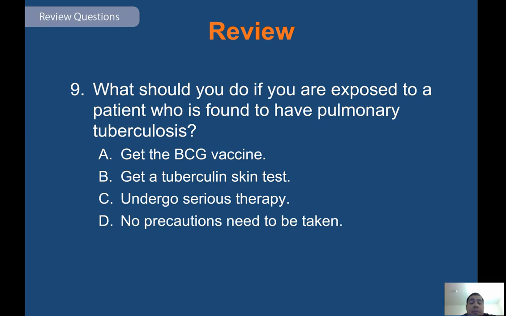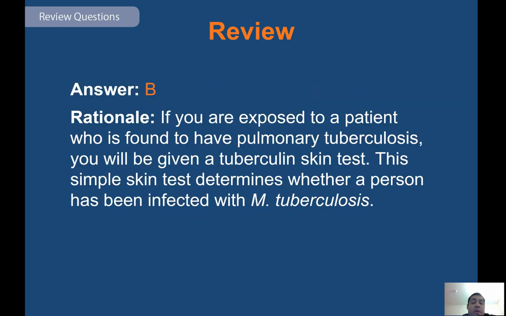I have to inform my supervisor, and there's some paperwork I have to fill out. And also I have to go get tested and possibly start medication treatment. So B, if you're exposed to a patient who's found to have pulmonary tuberculosis, you'll be given a TB skin test. This simple skin test determines whether a person has been infected with tuberculosis.